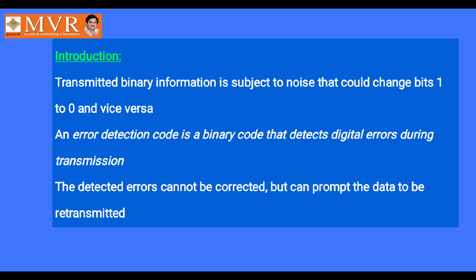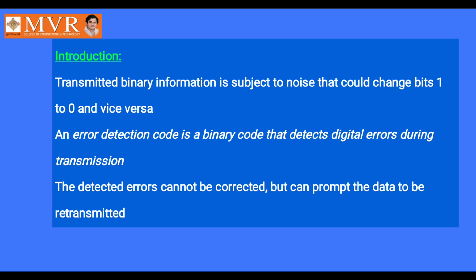But remember here, whatever errors are detected cannot be corrected by using this error detection code. I am repeating, the errors that are detected with this method cannot be corrected. Only they can prompt that the data is to be retransmitted.